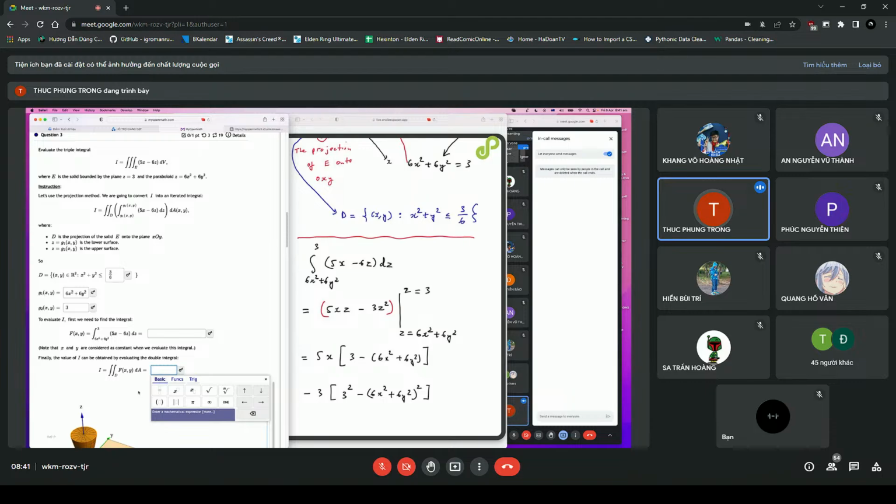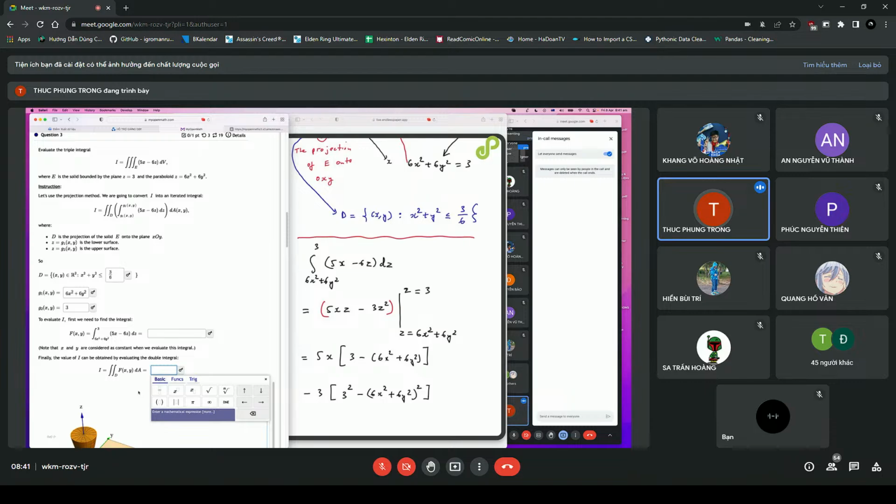This is the function we have: phi s minus, and dA, where dA is dx dy. Now we need to find this double integral.